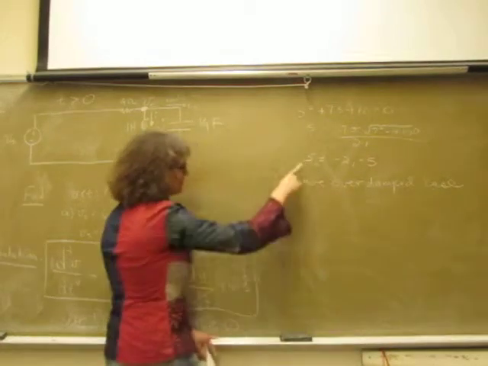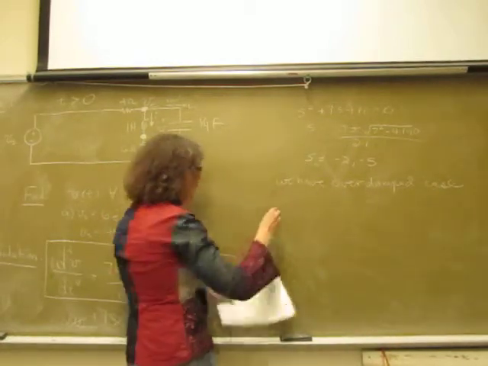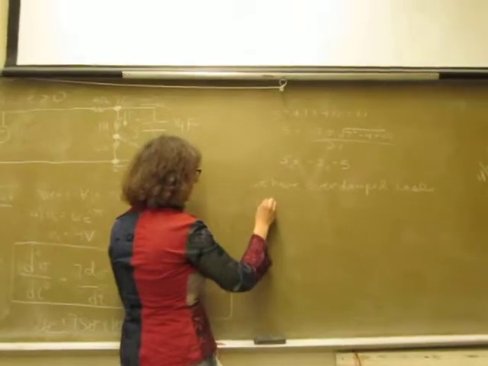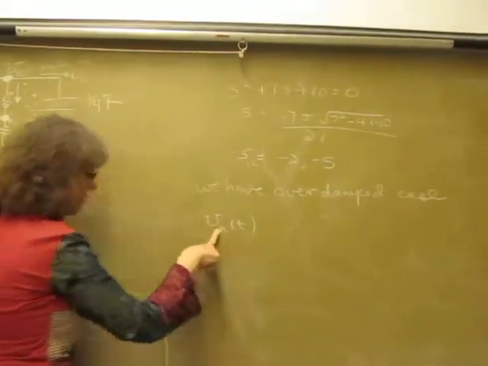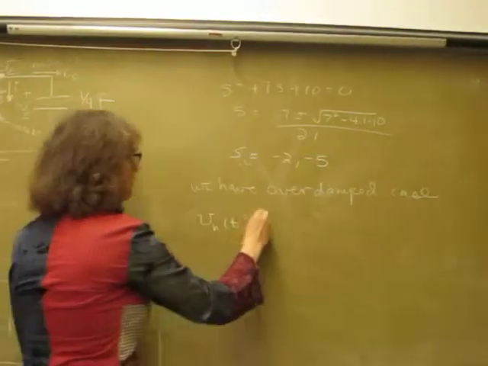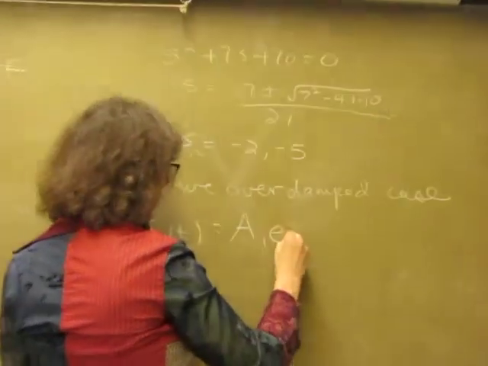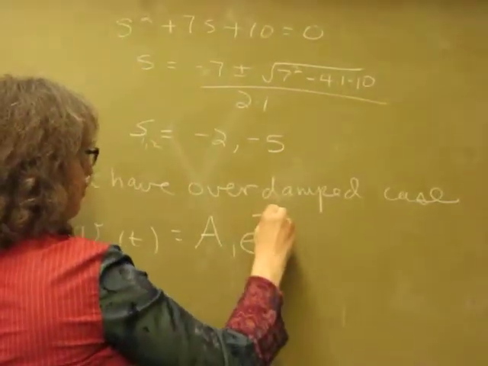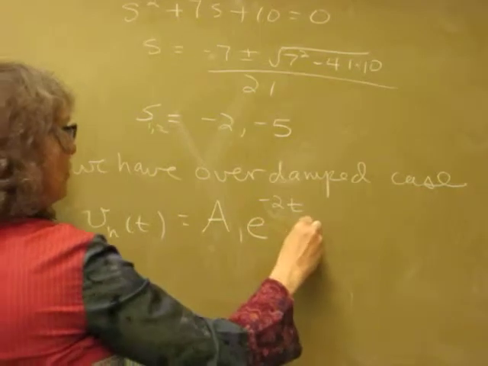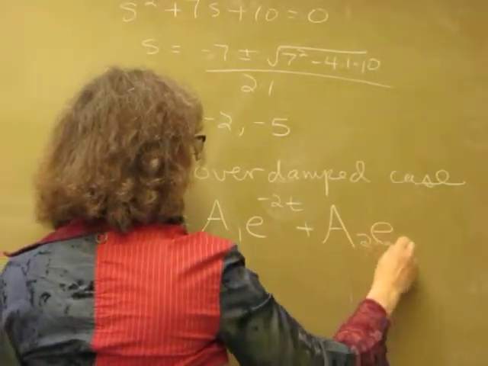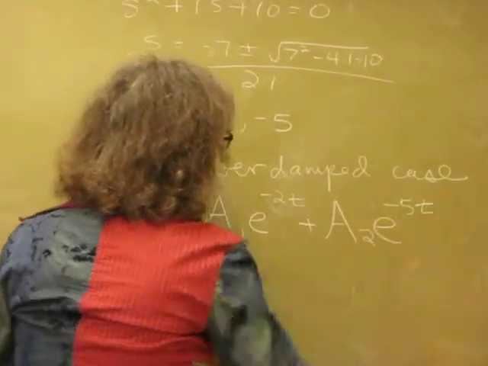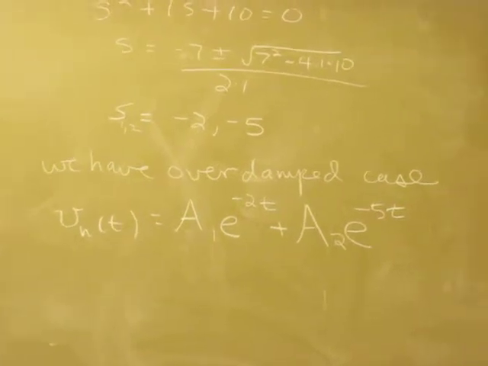The natural part of our solution is A1 e to the minus 2t, from the first root, plus A2 e to the minus 5t.